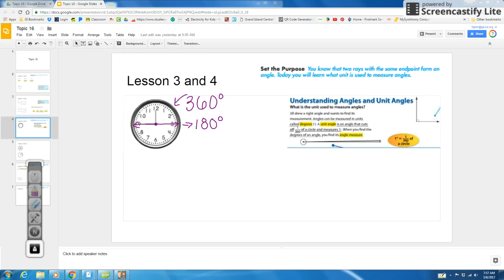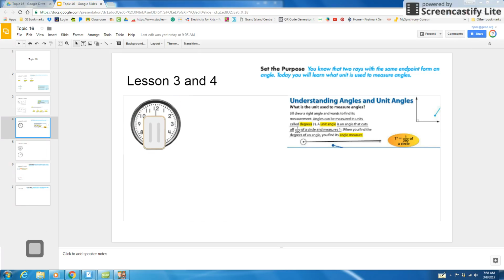I'm going to get rid of the lines I have here because I want to focus now on our angle that we've made right here with the two rays. I'm going to add our arrows so that they are rays. So here's our angle. I want you to think about what degree this angle is now. If the whole circle was 360, and the straight line across the center from the 9 to the 3 was 180, think about what this angle is.